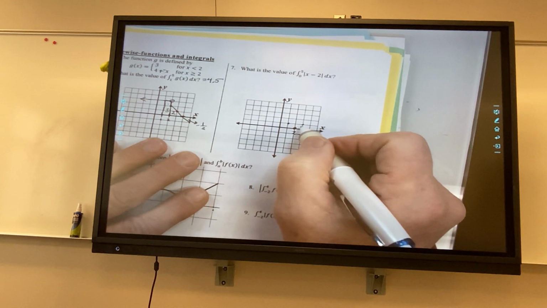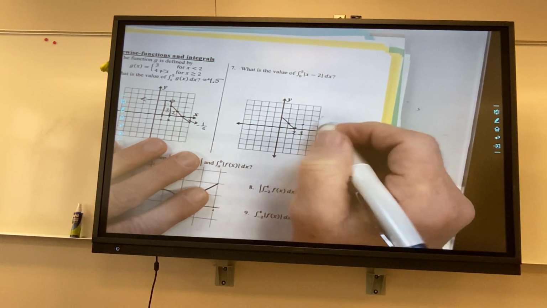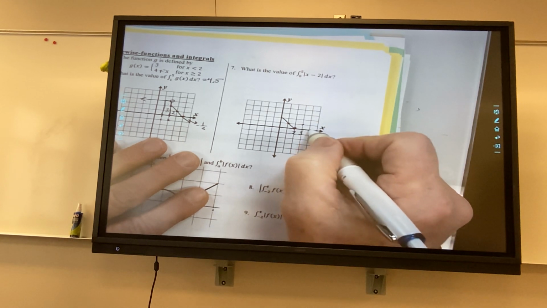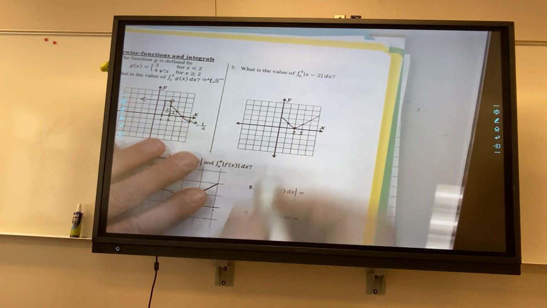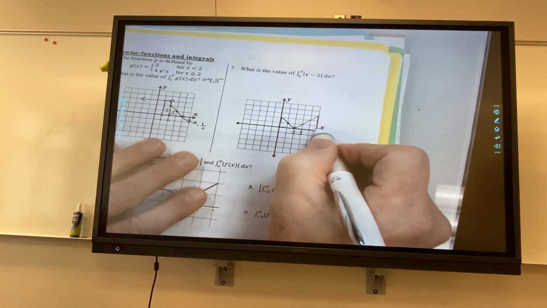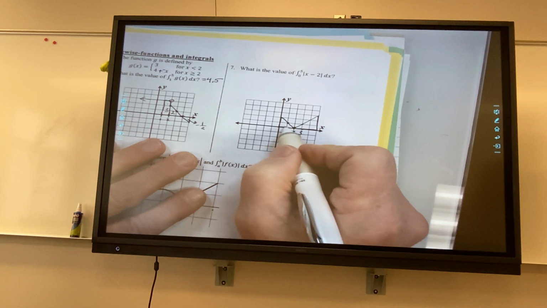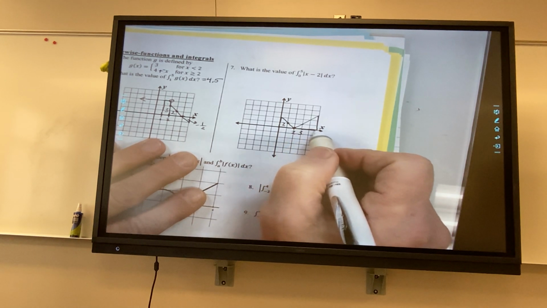So I'm integrating from 0 to 5. 3, 4, 5. Well, I have triangles, don't I? Would you agree with that? How much area is this? 2. And how much area is this? 4.5.